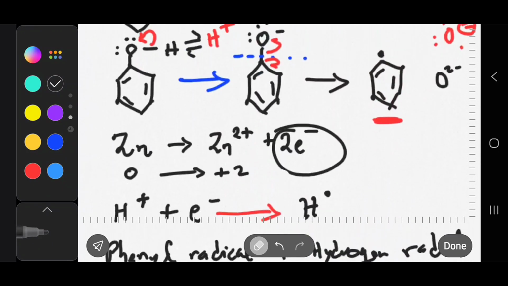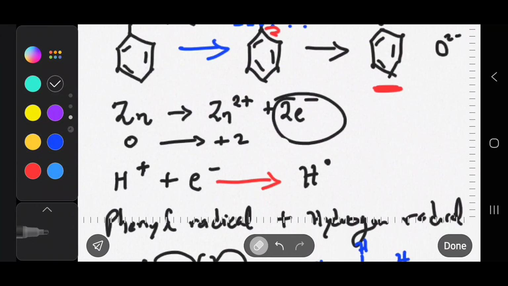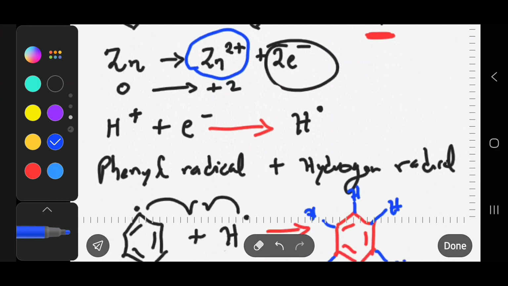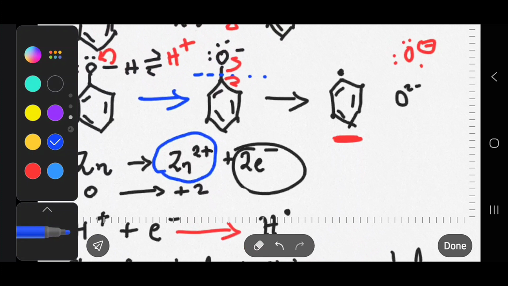Let's look at the zinc. What do we have left? Remember, we've not treated zinc. What happens is that the zinc is going to be picked up by the oxide ion. What is the oxide ion? This one. Remember, this was formed when the carbon-oxygen bond broke homolytically.